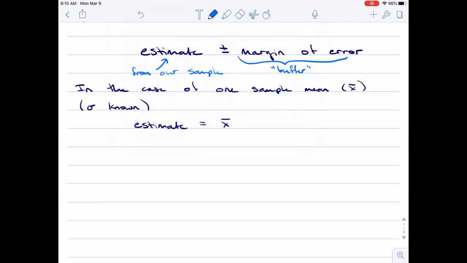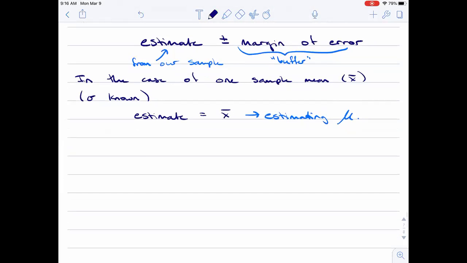And what are we estimating? We're trying to estimate mu, right? The population mean. We're estimating mu. So it's important to keep that link in mind too, right? I've got my estimate. Estimate of what? Estimate of mu.